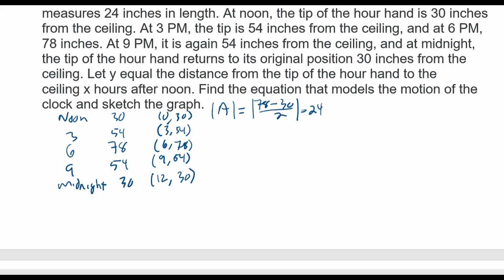So we're looking at 2 pi over b equals 12. So 2 pi equals 12b divided by 12. b equals pi over 6. Let's look at the vertical shift.